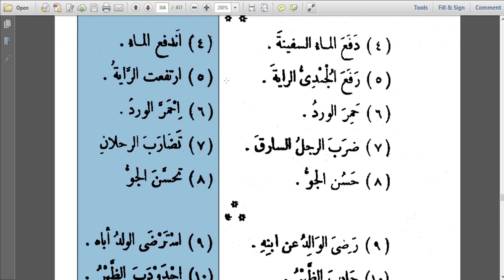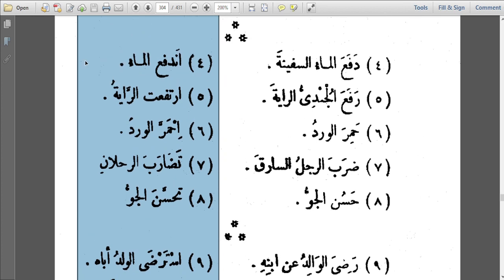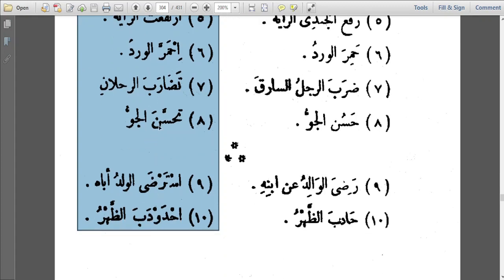When you want to add two letters, these are the options you have. The verb from fa'ala can become infa'ala. It can also become ifta'ala. And then it can also become if'alla. It can become tafa'ala. Tadaraba.